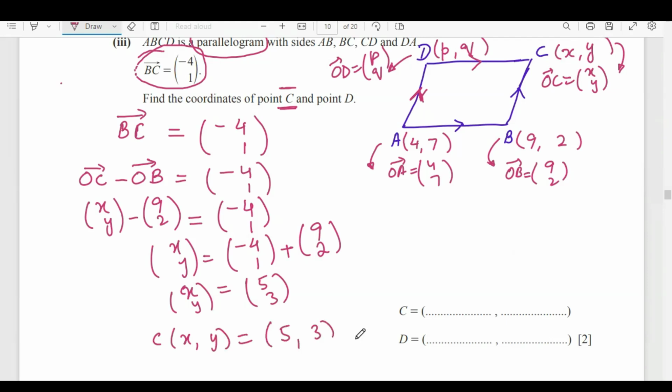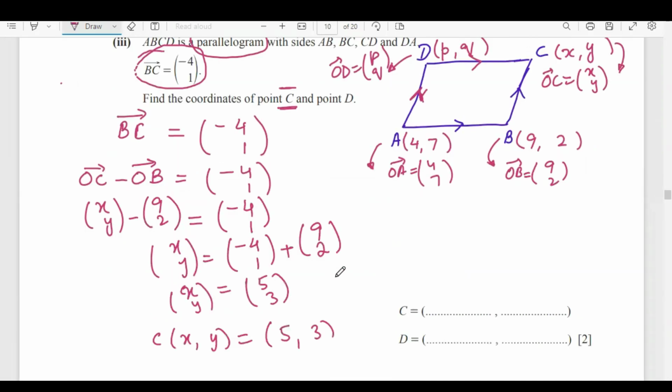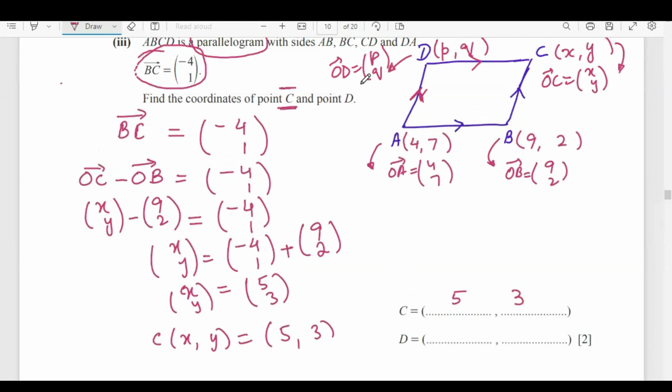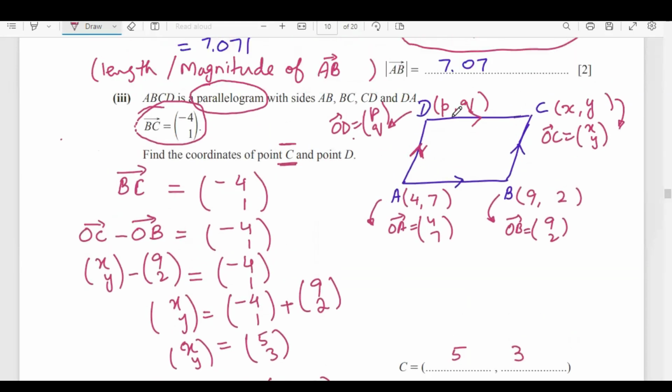I checked from the marking scheme. So 5 comma 3 is the coordinate of C, and D is 0 comma 8. Now write down 5 comma 3 here. To find point D, I assume the coordinate of point D is P comma Q. The vector from the coordinate is OD equals PQ.